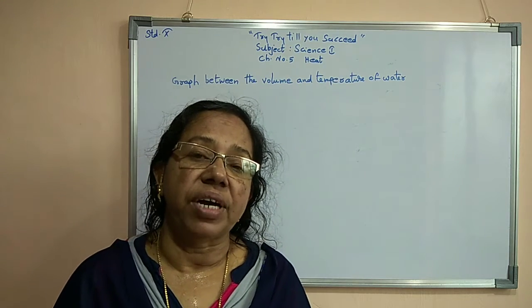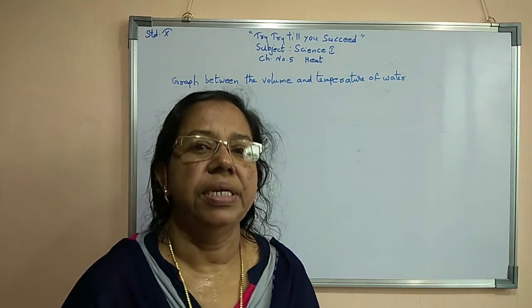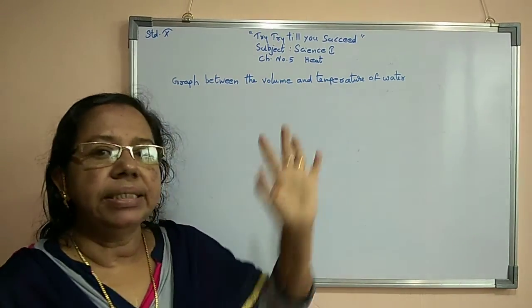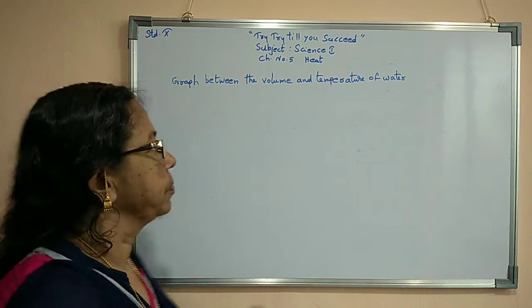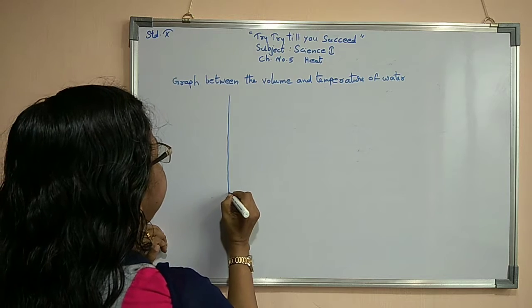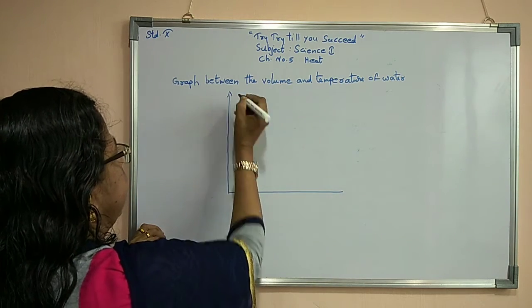Anomalous behavior of water we will learn now with the help of a graph. That graph shows volume as well as temperature. This is the y-axis, this is the x-axis.